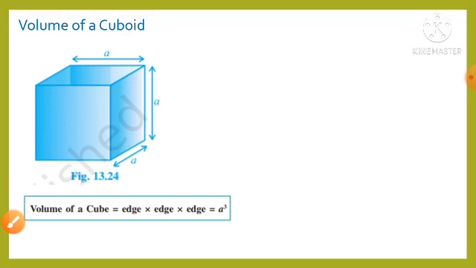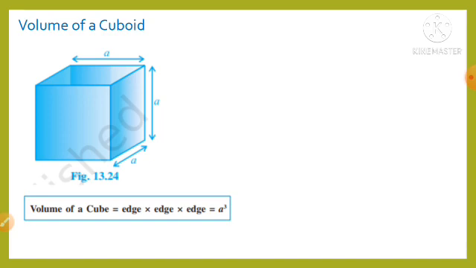Now for volume, when we measure the magnitude of the region of a space, that is the space occupied by a solid, we do so by counting the number of cubes of edge of unit length that can fit into it exactly.